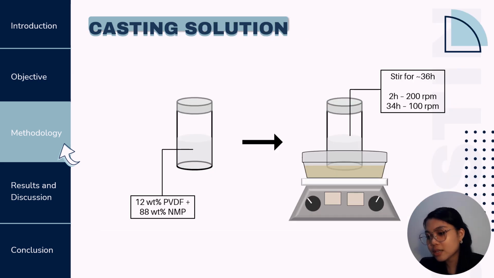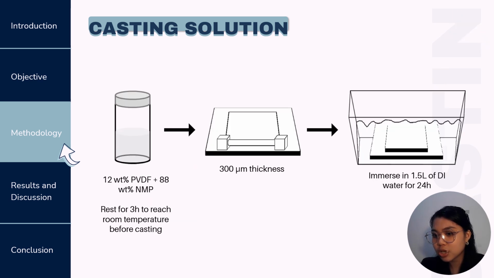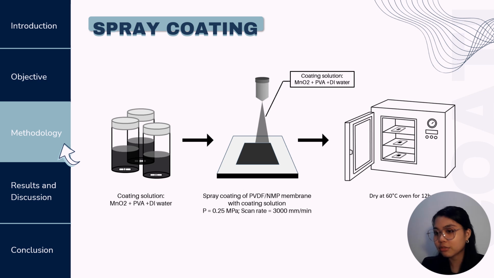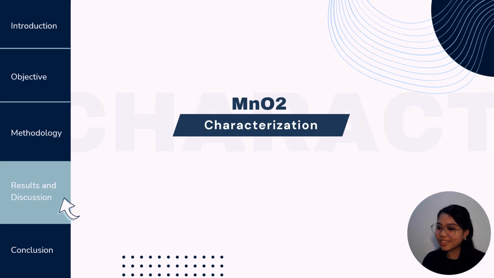The second part is the membrane fabrication, which consists of creating the casting solution. The last part is the spray coating, which consists of creating the coating solution and the spray coating itself. Now, finally done with the methodology, let's move on to results and discussion, which will be divided into two parts: the MnO2 characterization and the membrane characterization.